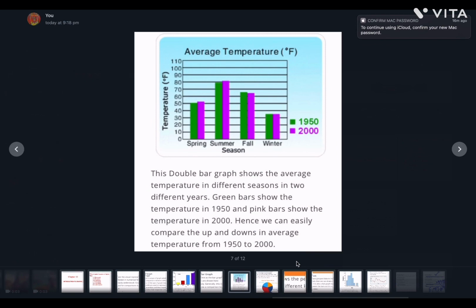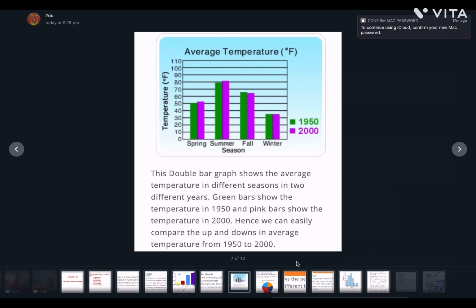So students, here you can see only one graph is there, but in this one graph we have shown two datas. This is a double bar graph, and it shows the average temperature in different seasons in two different years. Here you can see two rectangular bars.